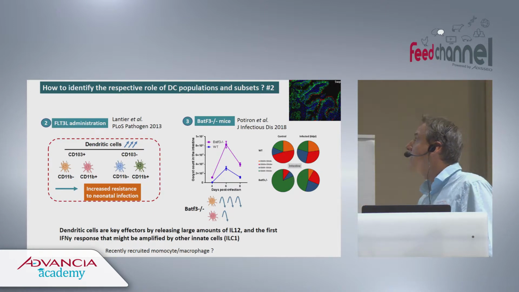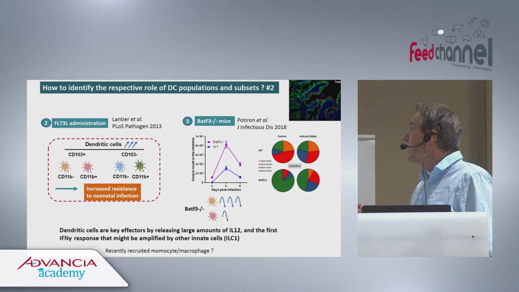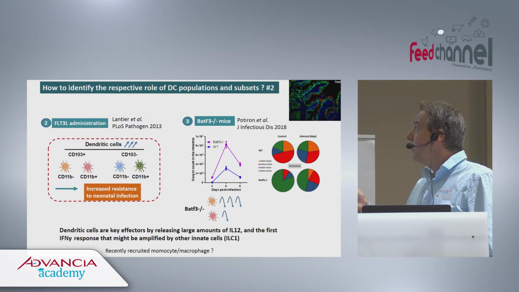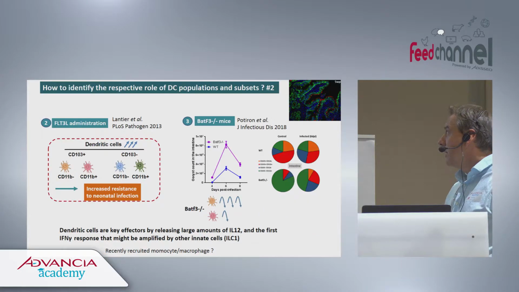And very lately, we just published a paper a month ago. For that, we used Batf3-deficient mice. These mice have a deficiency in the development of some of these subsets of dendritic cells. And clearly, these CD103 dendritic cells are present at very, very low levels.